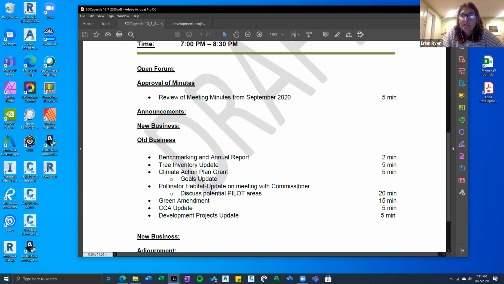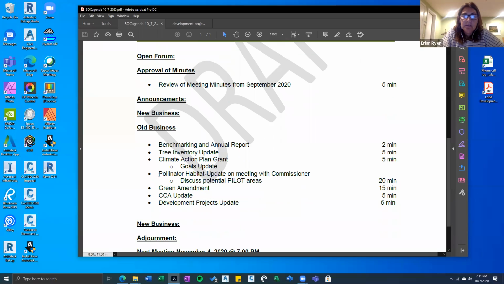Okay, Everett, you want to lead us on the climate action plan updates? Yeah, so climate action plan, essentially I am done on our end in terms of the data that the program was looking for. And what we've been told is that it's in the contract manager's court now.